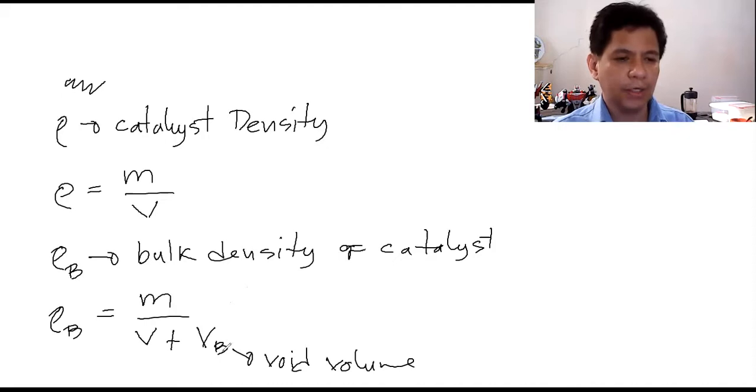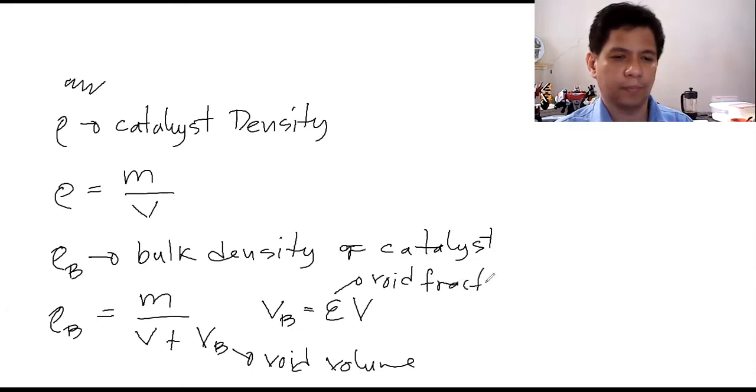And then you can express this void volume in terms of void fraction. So void volume is equal to void fraction times the total volume. So this is the void fraction. Okay.